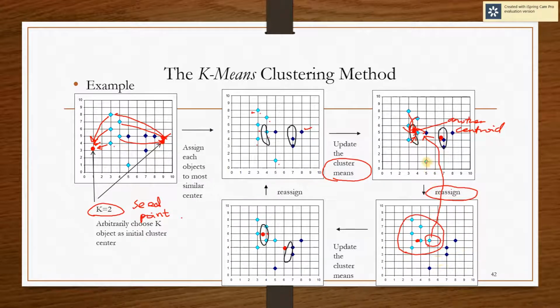Meanwhile, for this light blue one here, the distance has been calculated as well. If I compare this with the centroid here, the distance to this cluster is much nearer. So you have to update the cluster means until you see that you have the minimum error, using sum of squared error.